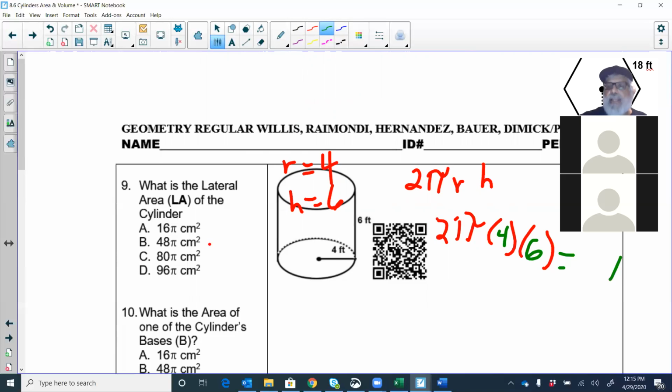Remember, pi is part of the answer, so all you're worried about are those 3 numbers, 2 times 4 times 6. It's 48, right? Again.